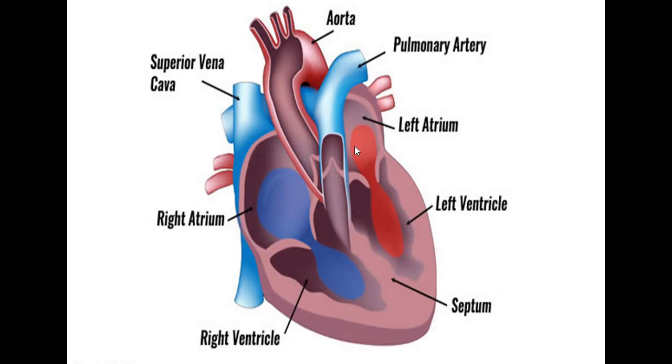That means the function of the left auricle is to receive oxygenated blood from the lungs and pump it to the left ventricle. The left ventricle receives oxygenated blood from the left auricle and pumps it to different parts of the body.